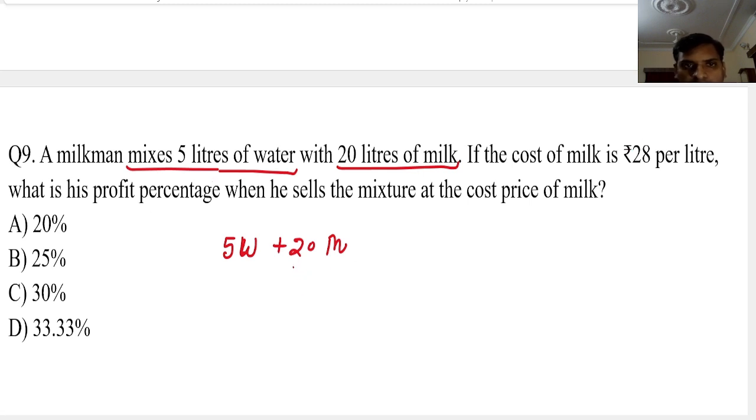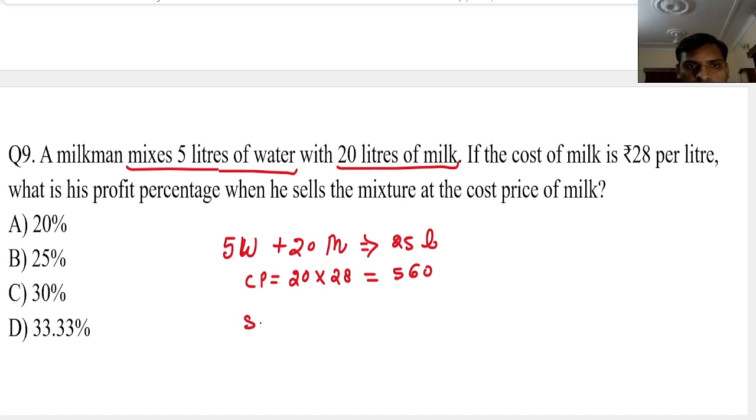So the price for this is 20 into 28 rupees per liter. So the total cost price is 560. Now the total quantity is 25 liters.